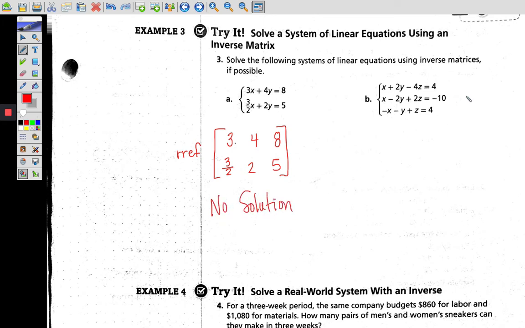I want you to do the same thing for B. I'll give you a few minutes, and then you can tell me what your solution is. Remember, we've got 1, 2, -4, 4, 1, -2, 2, -10, -1, -1, 1, and 4. I'm just getting the coefficients of each term. Put it in your matrix and then do the RREF for me.